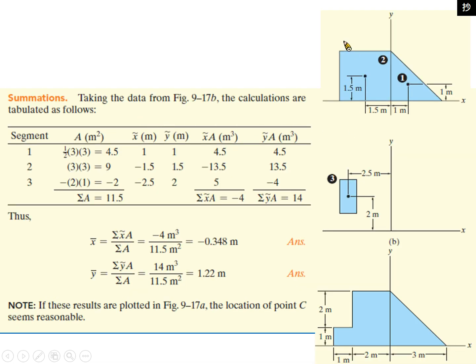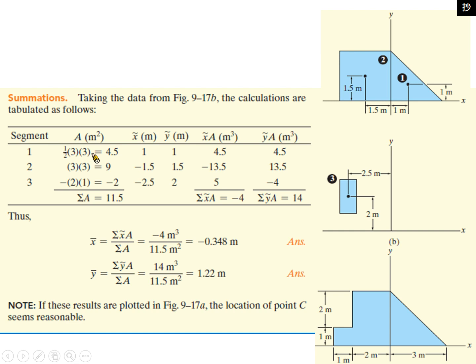Okay, so let's look at the overall procedure. First of all, we add up the area 3, and then we make it become a square for area 2, and area 1 is a right triangle. And then we work out the area for area 1 and area 2.